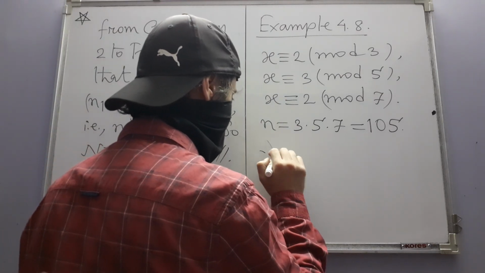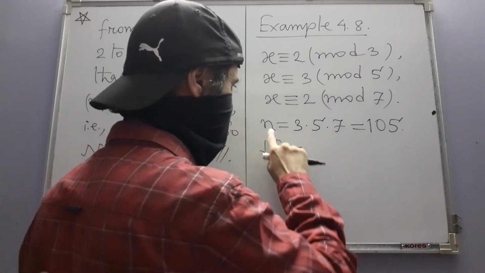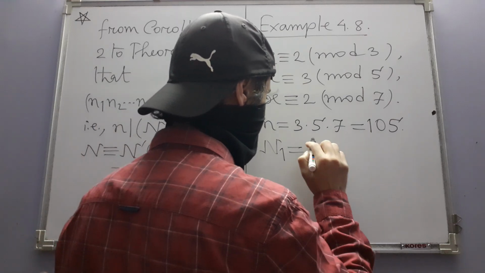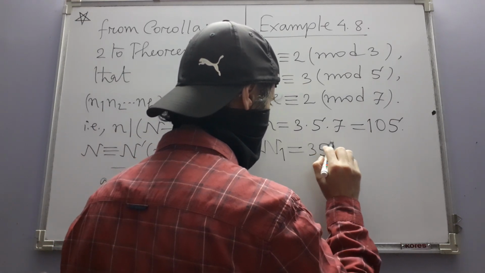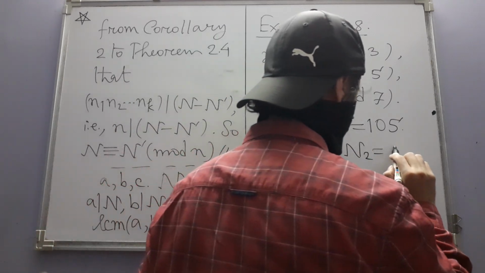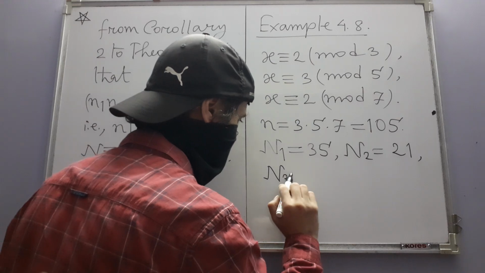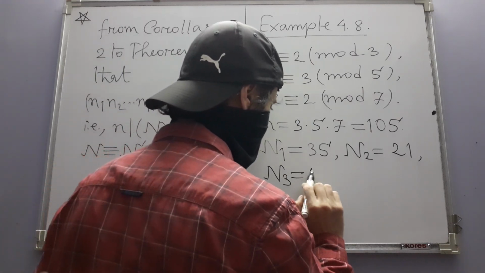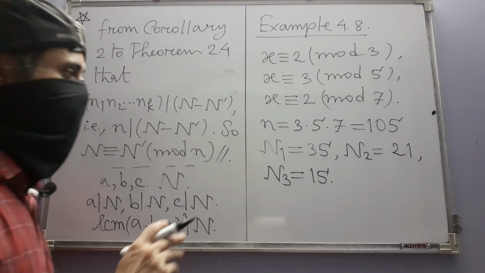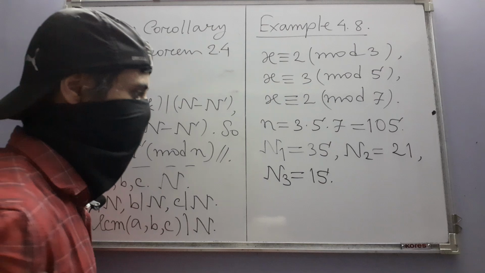And then you have those N's. N1 will be this n divided by 3. That means in this product you do not consider 3. So 5 times 7 is 35. N2 will be 3 times 7, 21. And N3 will be 3 times 5, 15. So the next thing you will consider will be those congruences that will involve these capital N's.